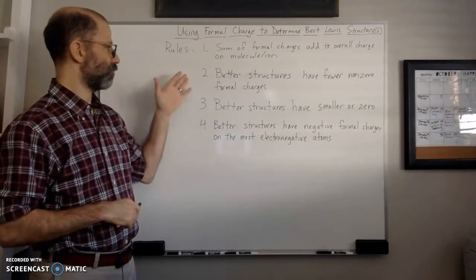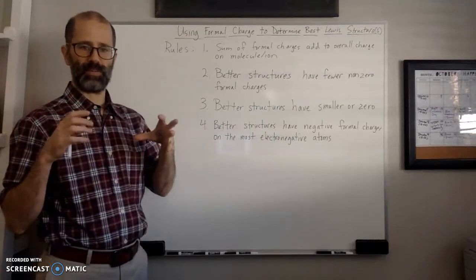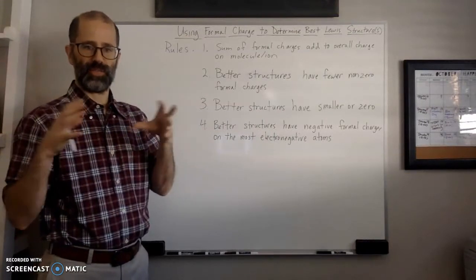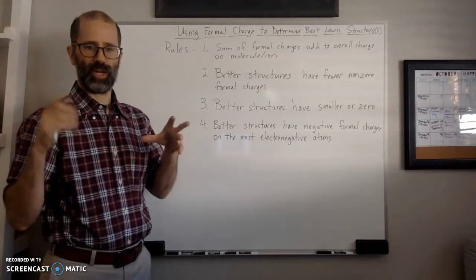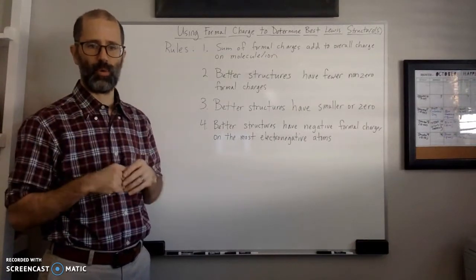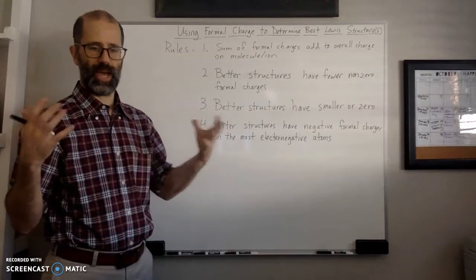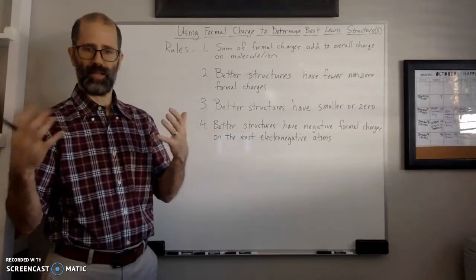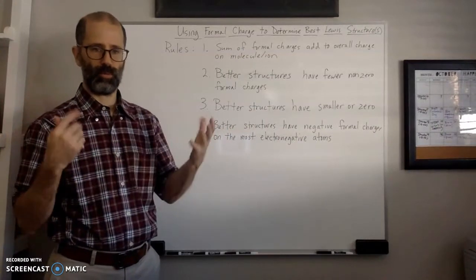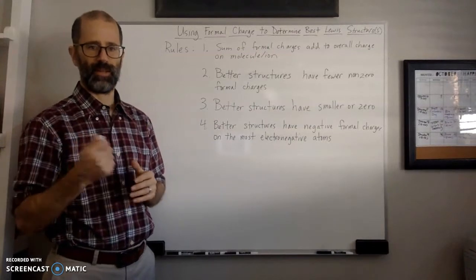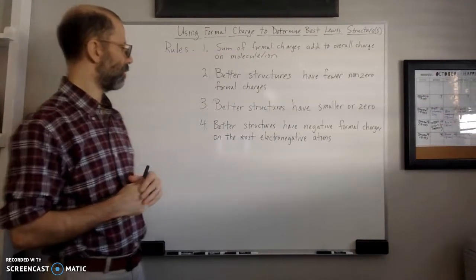We're comparing structures that have the same atoms, with the same connections of the atoms together. So all the atoms are connected to each other in the exact same way. The only thing we're looking at is the number of bonds or the formal charges on them. And again, this is in another video.